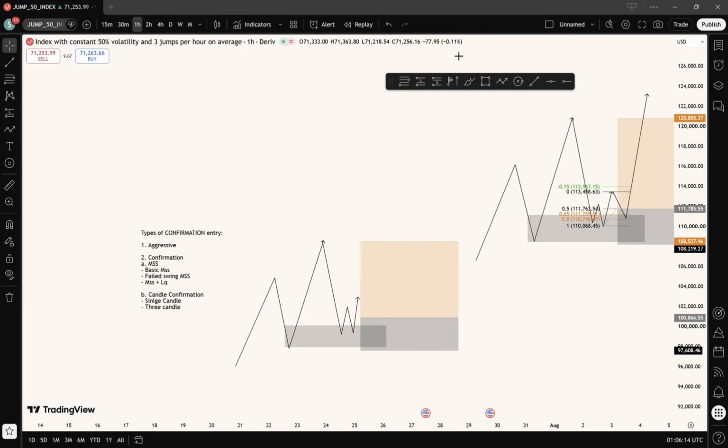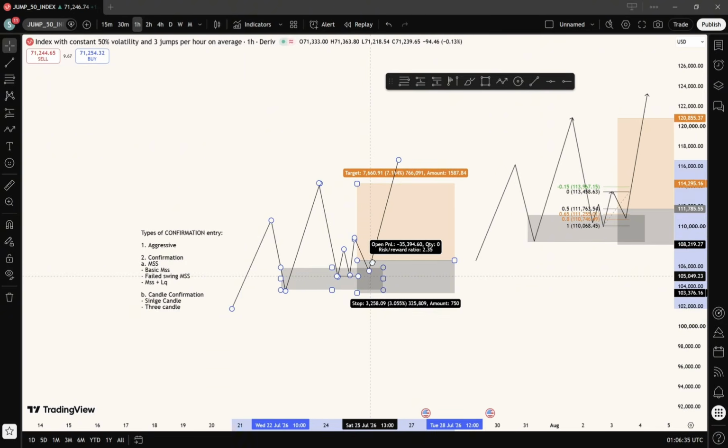Price will fall back down, tap you in, then blast up. So this is what failed swing MSS is, where price failed to take this low, making this low a protected low. So this is how failed swing MSS works.